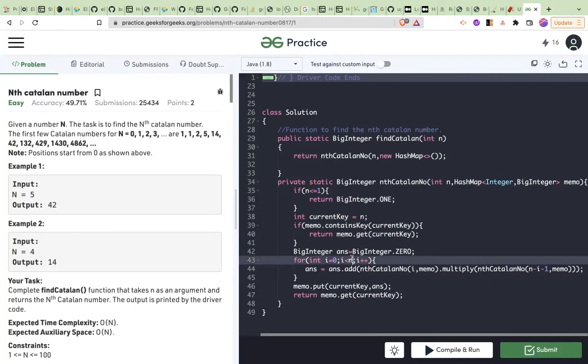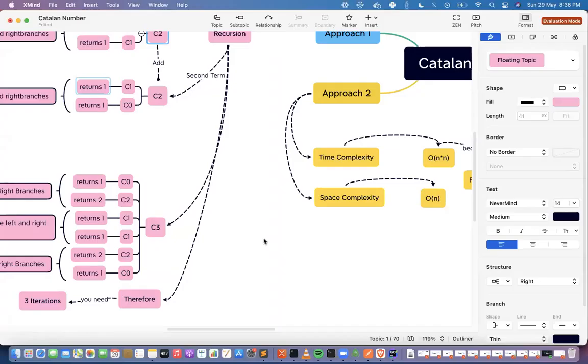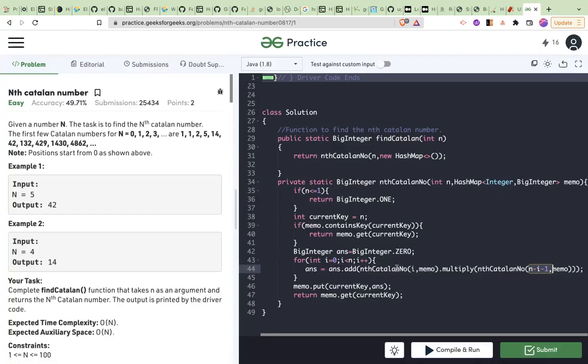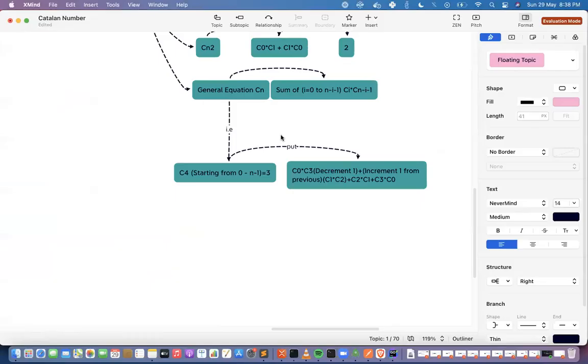And what we are doing, like I told you, for the nth Catalan number we take the ith term and multiply it by the (n minus i minus 1)th term. This is what I'm finding. If you see the general equation, C of i into C of n minus i minus 1: the first term is the ith term, the 0 term, multiplying by n minus i minus 1.